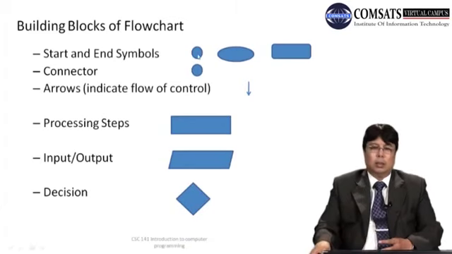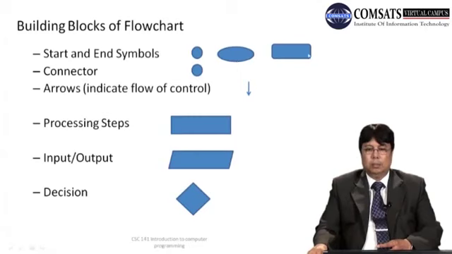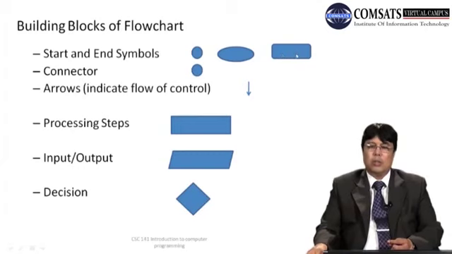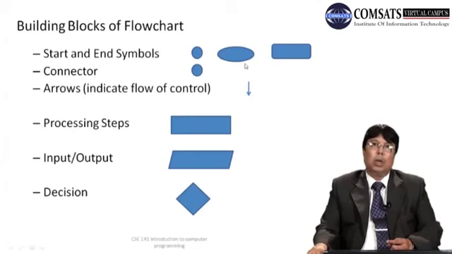One is a circle, second one is an oval, third one is a rectangle, but slightly rounded from the four corners, and usually it is a smaller one. So you can use any of these three symbols to indicate the start of your flowchart.